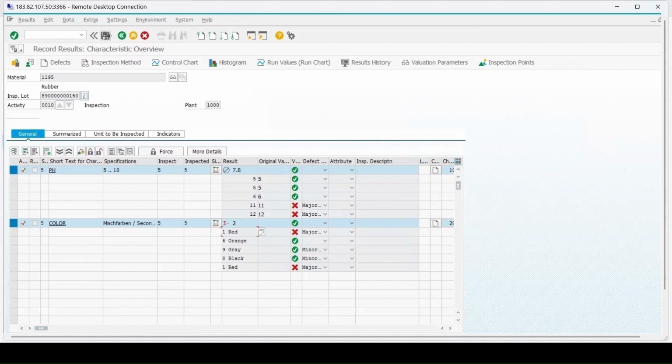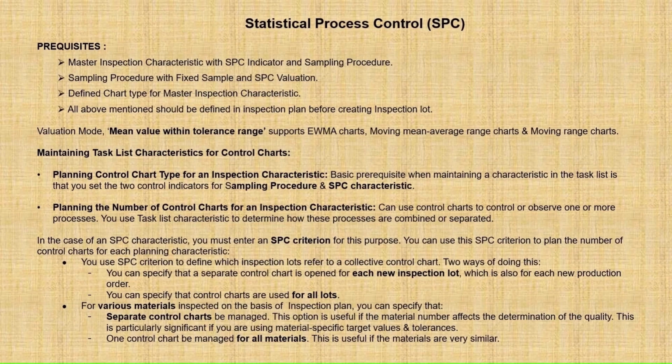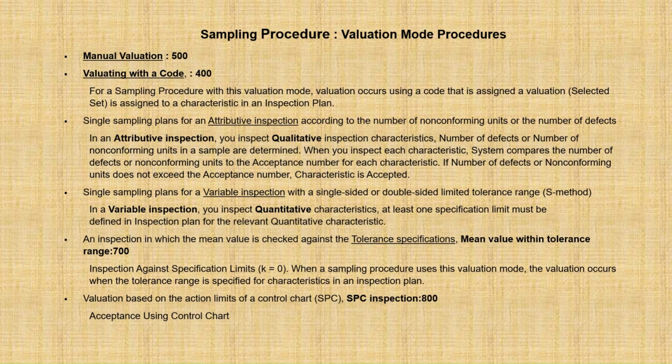Let's save it now. If I want to create a chart for my MIC, whether it is a qualitative MIC or a quantitative MIC, then we need to create a sampling procedure relevant to it.